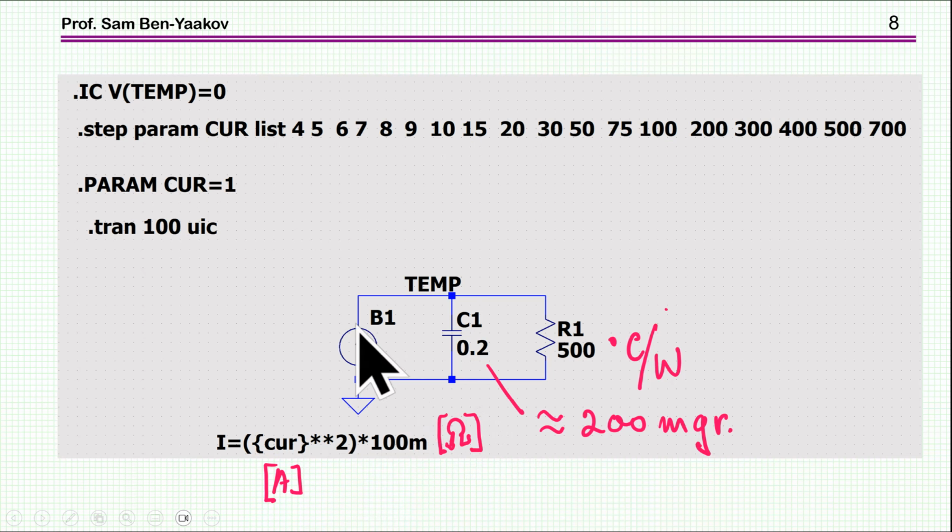Just to get a feeling of this behavior, I've set up an LTspice simulation circuit. Here we have the current source, which is the power. I'm assuming 100 milliohm resistance for the fuse. Here is the current, assuming 0.2 farad for the equivalent capacitance. This is approximately 200 milligrams of the same metal, which is kind of reasonable. I'm also assuming a thermal resistance of 500 degrees per watt.